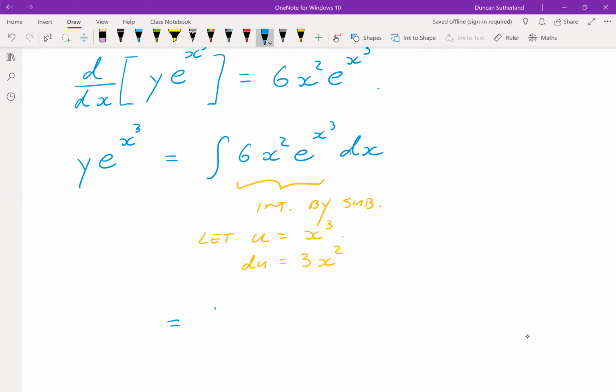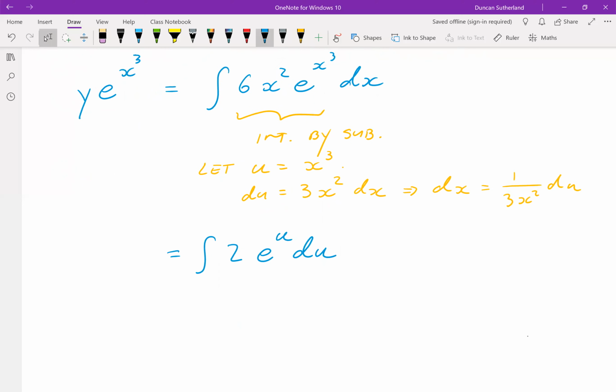That's equal to the integral of 2 e to the u du. All right, so note that I've just taken out a factor of 3x squared, or alternatively, you can write dx equals like so.